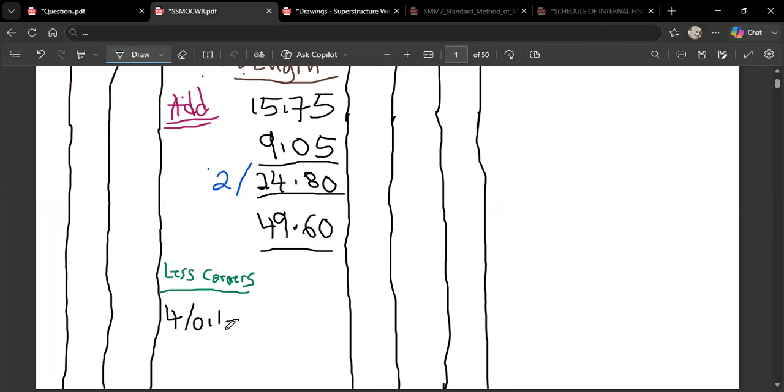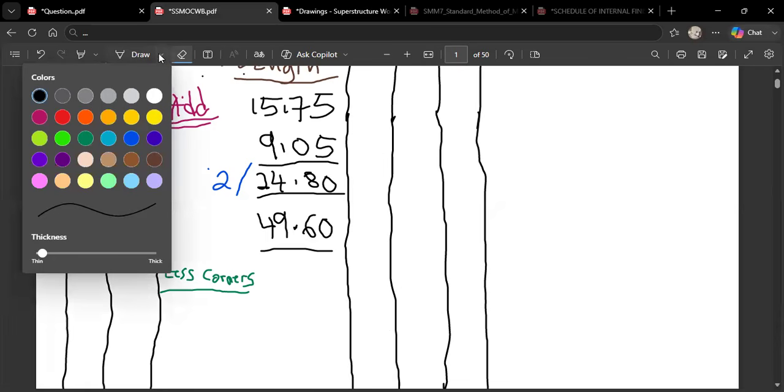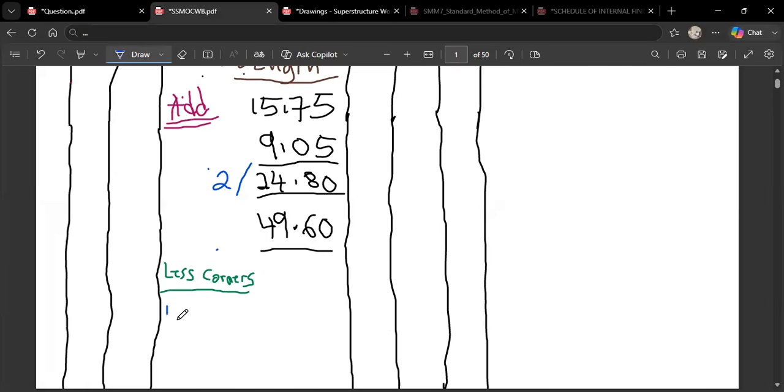To be more coherent and logical, let me use a different color pen. 4 times 0.15 is going to give us 0.6.